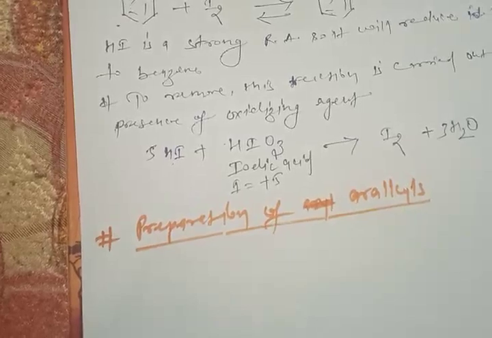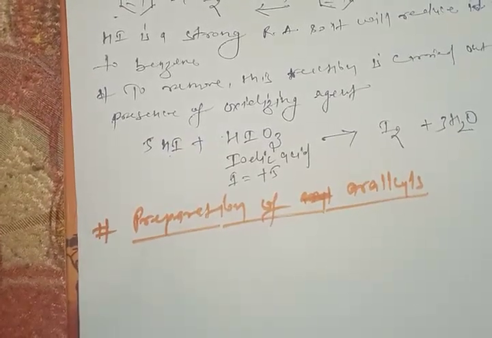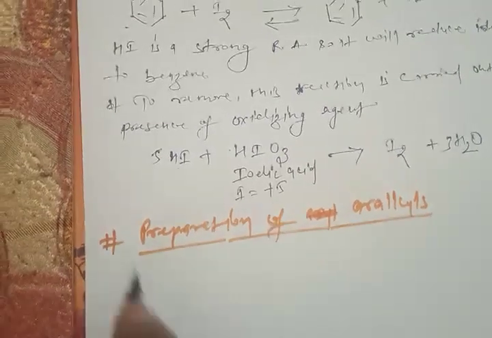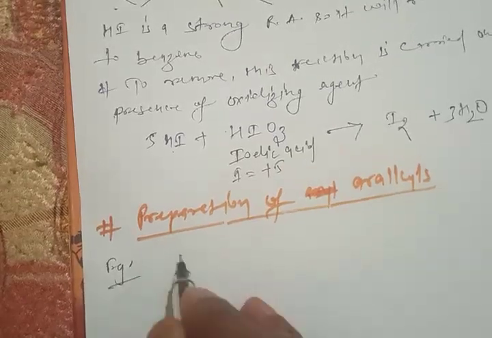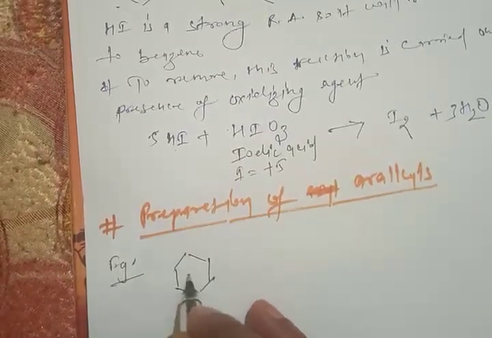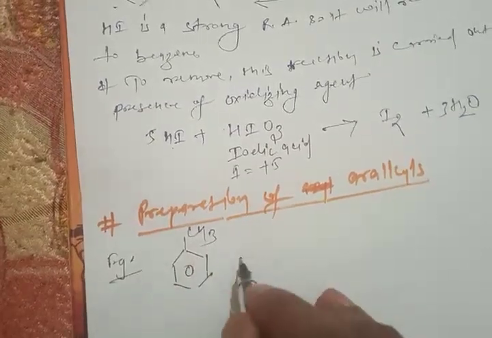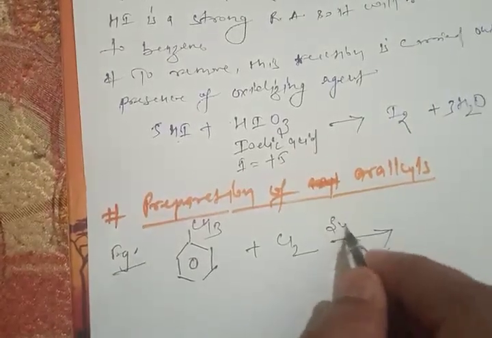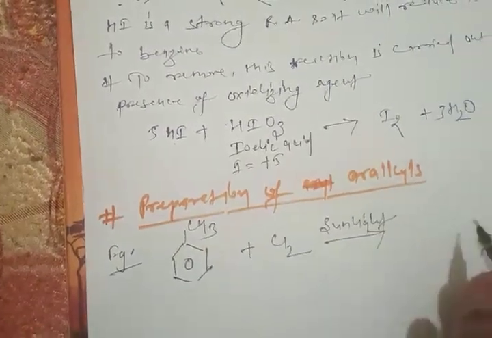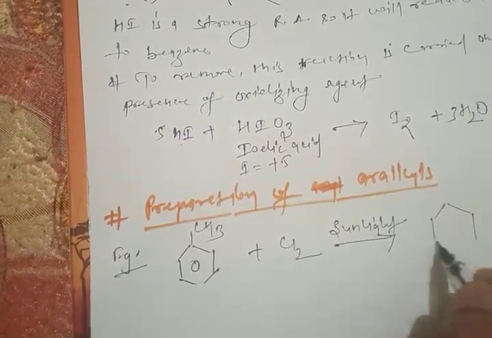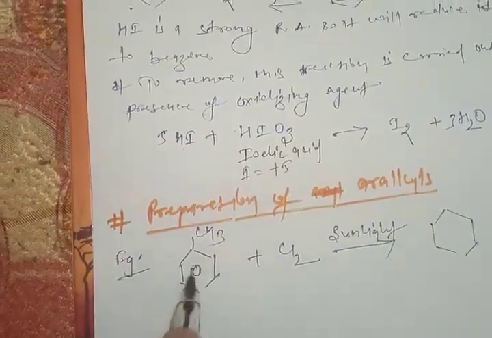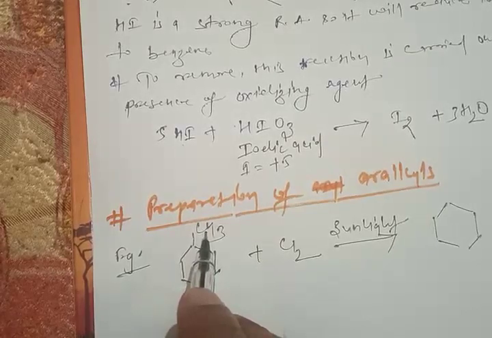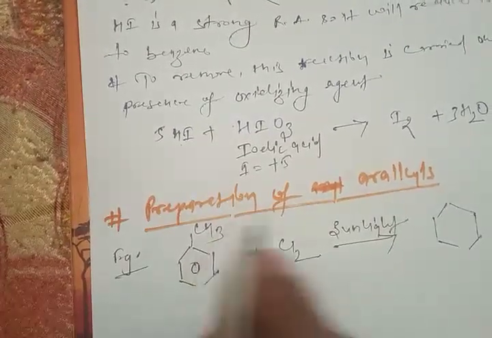So let's start the preparation. For that we will take toluene, chlorination of toluene. We have toluene, CH3, and chlorination can be done with sunlight. Earlier with benzene we had hydrogen from the benzene, but here we have substitution of the alkyl group, so the hydrogen will be removed from the alkyl group.